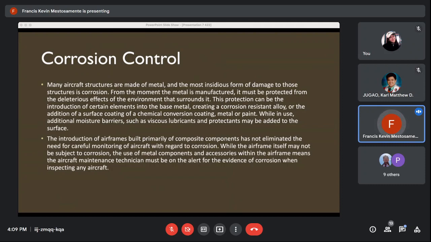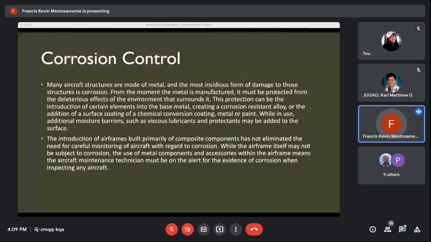One example of this is an accident we have discussed last prelim. If you could remember, the Aloha Airlines accident in Hawaii. It's one of the turning points in considering corrosion as a big factor, when that accident happened, 1988 if I'm not mistaken.